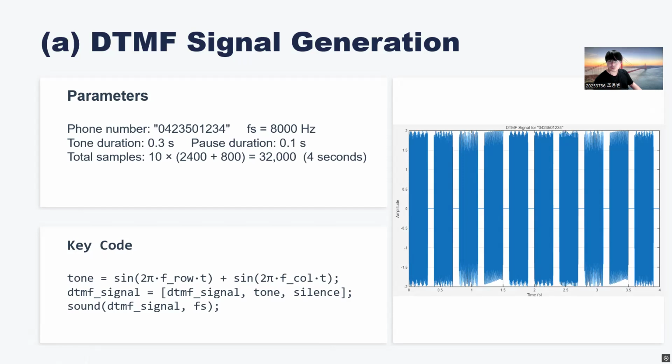For each digit, we look up its row and column frequency from the DTMF table and generate a 0.3 second tone by summing two sinusoids. Between each tone, we insert 0.1 second silence.